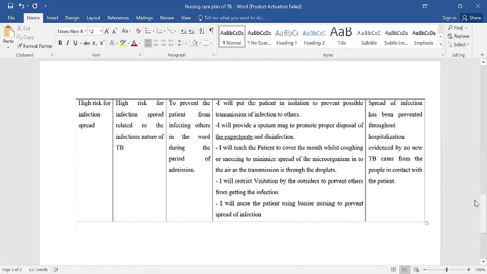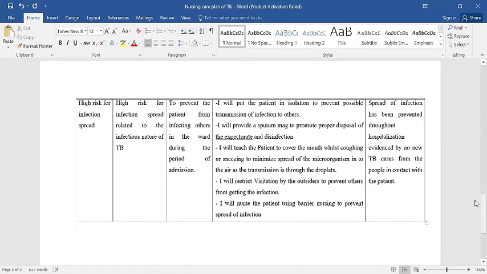Then from our goal, we go to the interventions. Number one, I will put the patient in isolation to prevent possible transmission of infection to others. Number two, I will provide a sputum mug to promote proper disposal of the expectorate and disinfection.